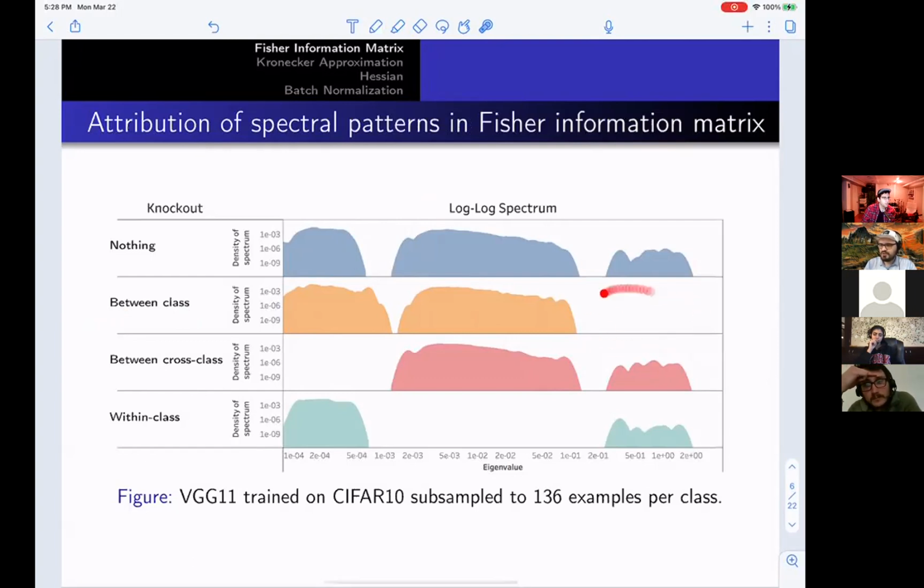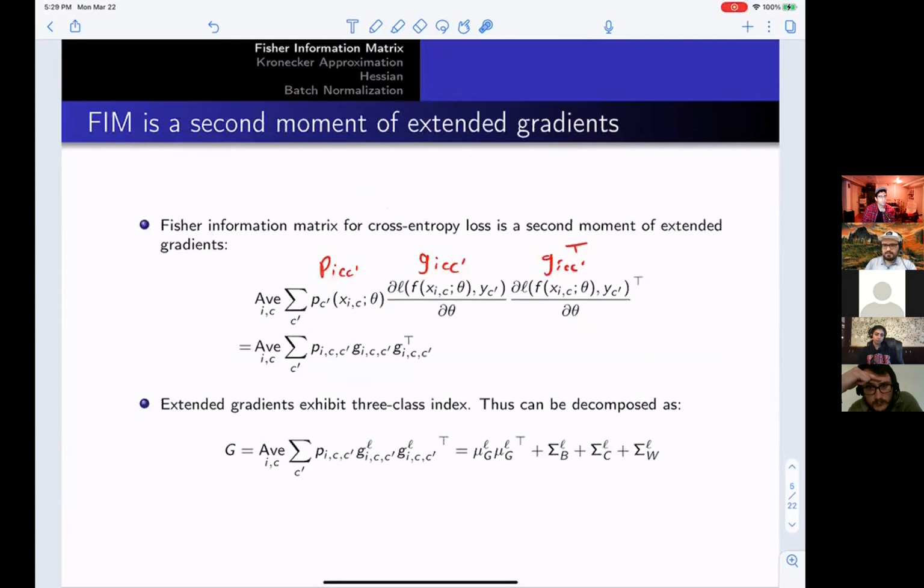So this bump is due to the class means. Here you can see if you knock out the between cross class covariance, then this bump disappears. So this bump is due to the cross class means. And if you eliminate the within cross class covariance, then this bump disappears. So you can do again spectral attribution.